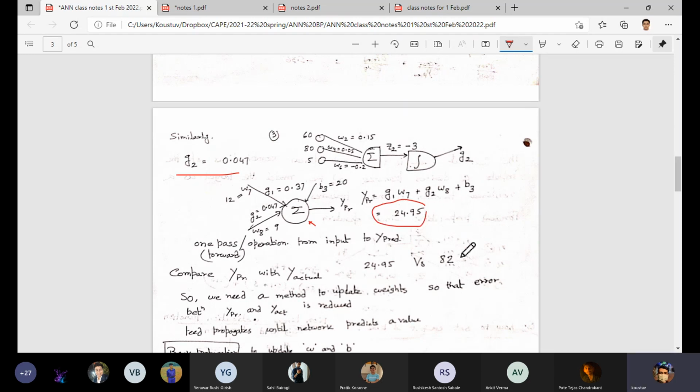In this way, we have calculated the predicted values, YP, from our weights and bias. This operation is called one pass operation from input to Y predicted.